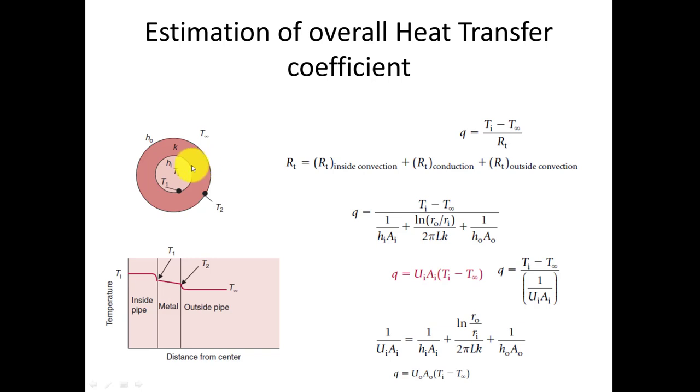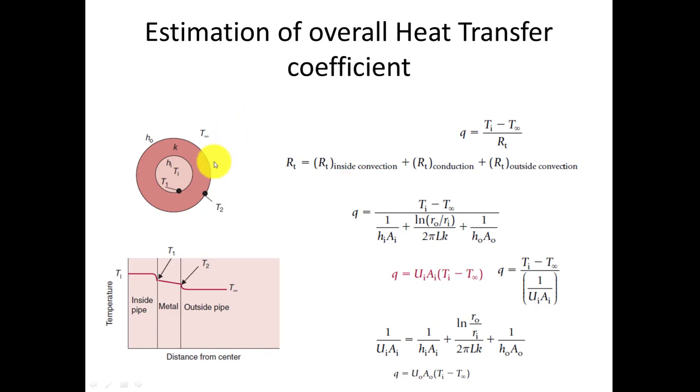Then there will be heat transfer through the body of the pipe, and it is a metal, so this heat transfer will be termed conduction. Finally, the pipe surface will get heated up and emit energy to the surroundings, and that loss of energy will be via convection.